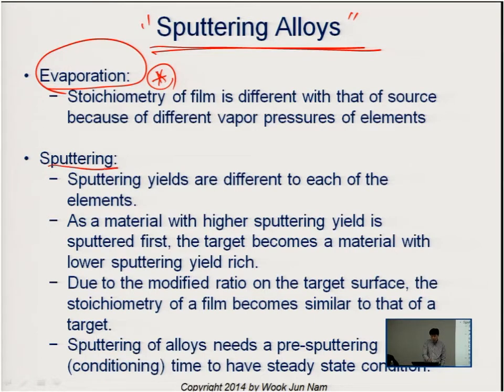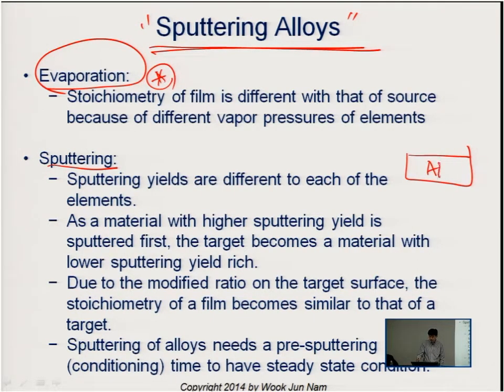But with sputtering, if you have a target made of a compound of A and B, let's say the sputtering yield of the A element is much higher under the same conditions.